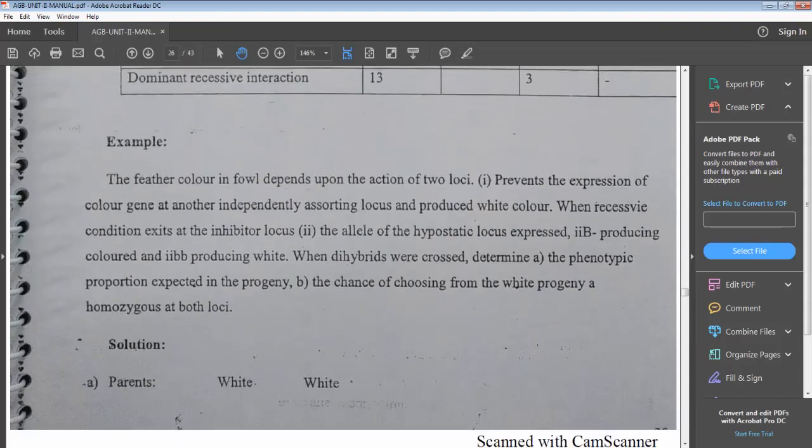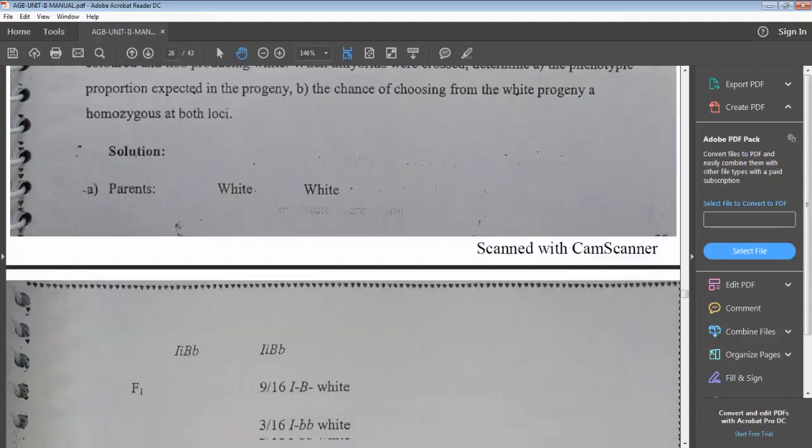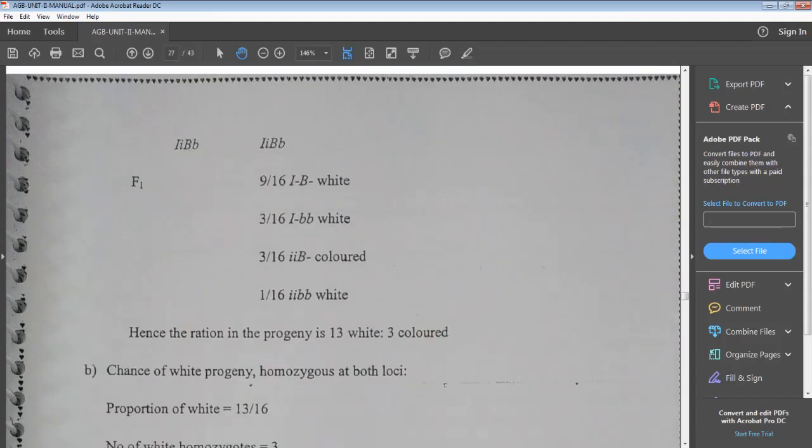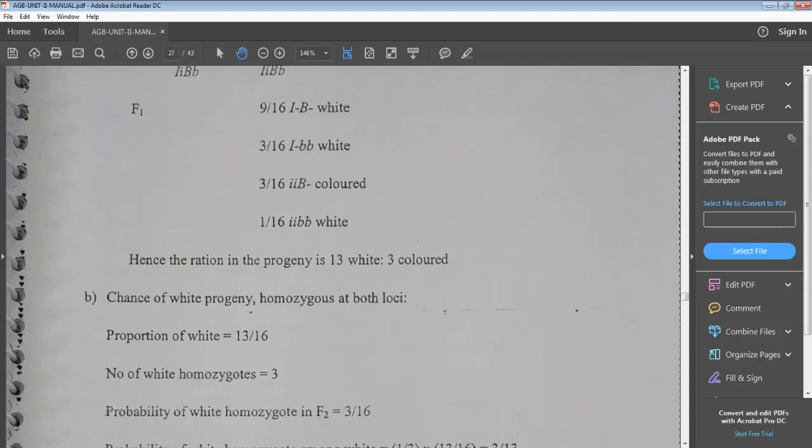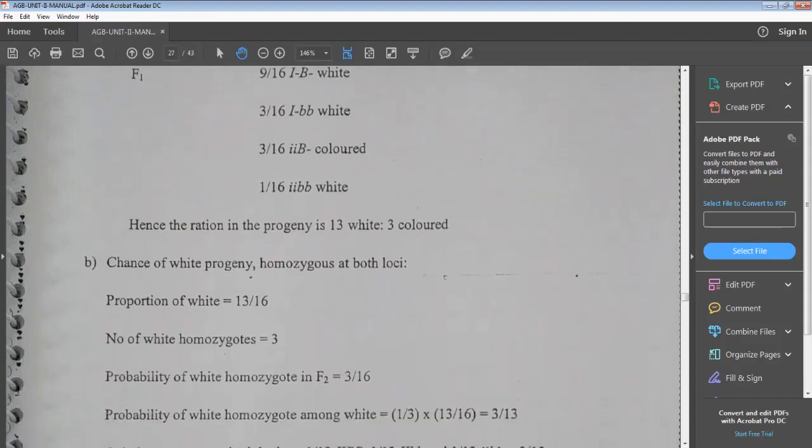Okay, so if someone asks about feather color of the fowl, white or colored condition, which kind of gene interaction does it exhibit? That is the dominant recessive interaction. Because it will give 13 is to 3, which is the phenotypic ratio, not genotypic.